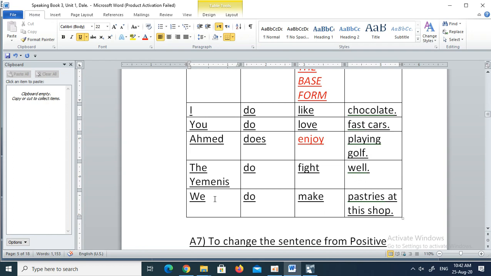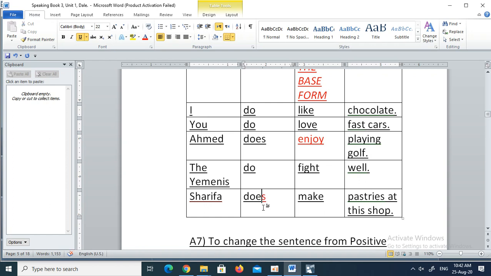Now, if I said Sharifa does make pastries at the shop, that is correct. If I didn't have an auxiliary, I would say Sharifa makes pastries at this shop. And there would be that little letter S. But as soon as we put in an auxiliary, that letter S disappears from there and it appears here.